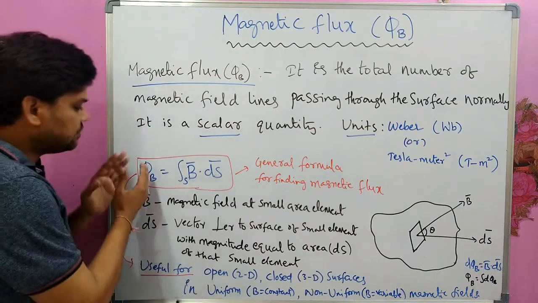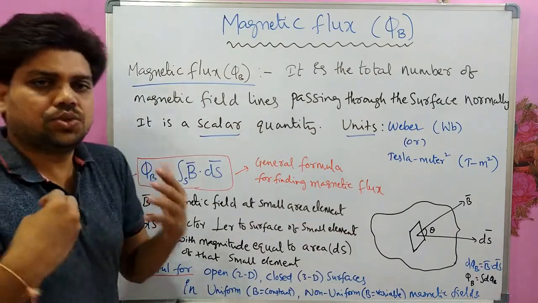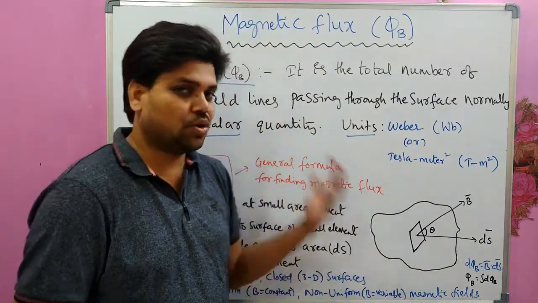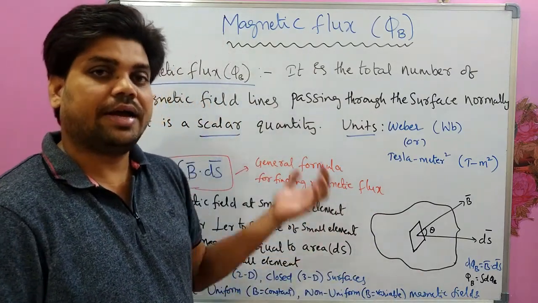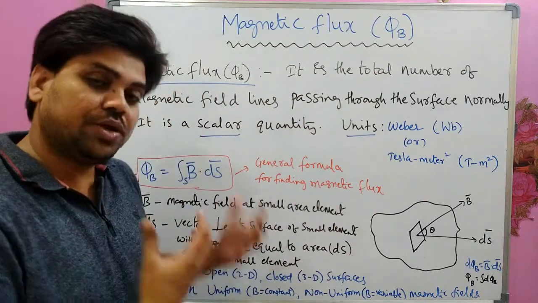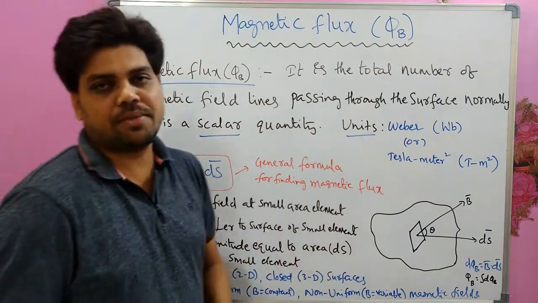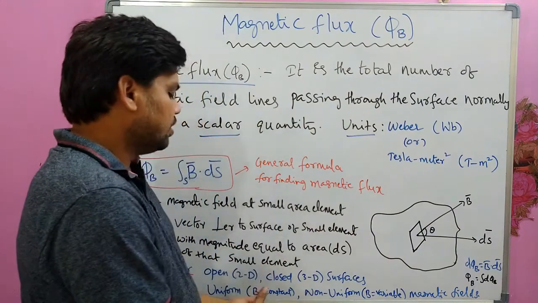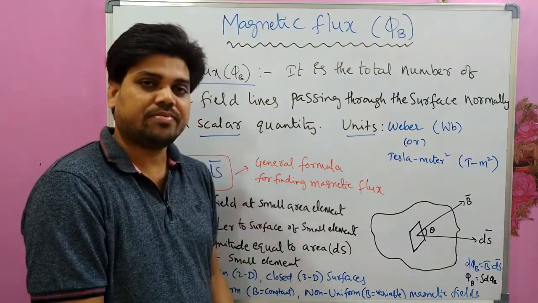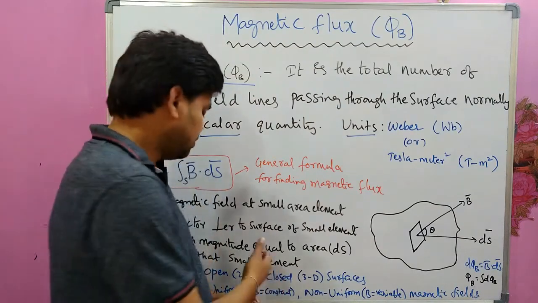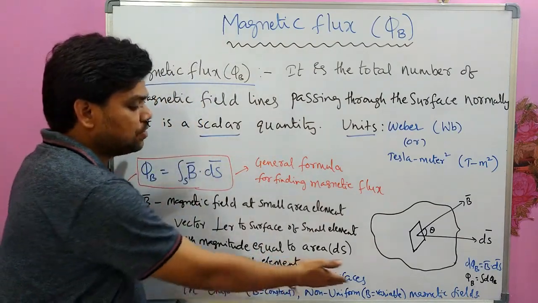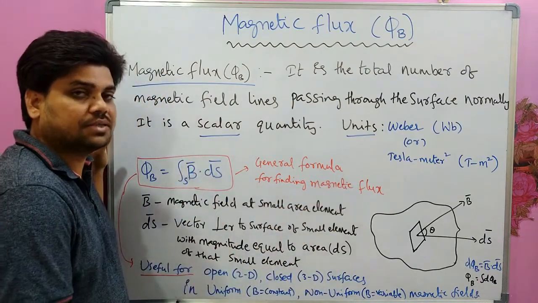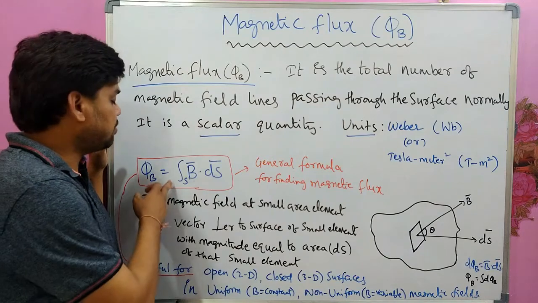Okay, and this formula is useful for a two-dimensional surface, that is an open surface, and a three-dimensional surface, that is a closed surface, placed in uniform as well as non-uniform magnetic fields. See, even if B is changing or B is constant, for open surfaces and closed surfaces placed in uniform or non-uniform magnetic fields, this formula is useful.